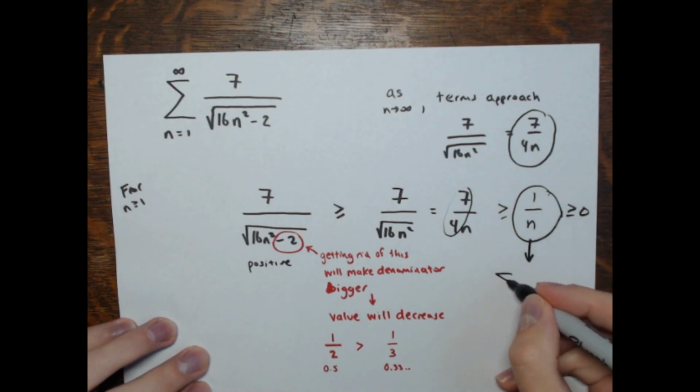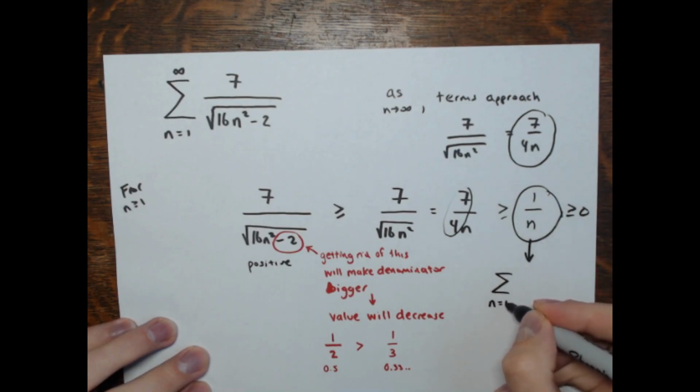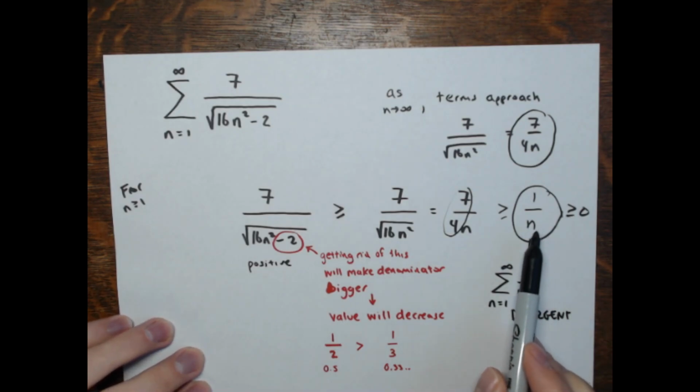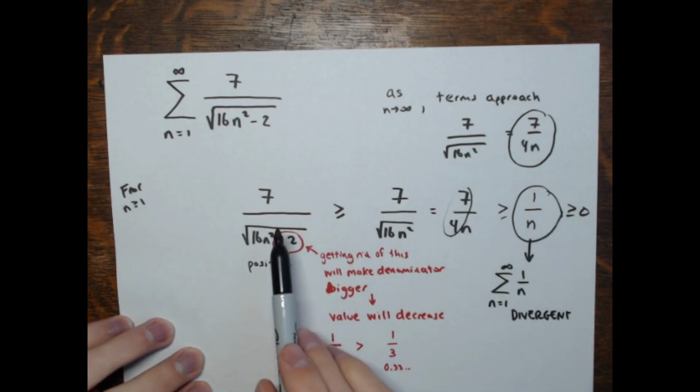Well, what do we know about this series, right? We know that the sum from n equals 1 to infinity of 1 over n, this was that harmonic series, right? This is a p-series with p 1 or less. This is divergent, right? And so we see that the sum of the smaller term series is divergent, meaning the sum of the larger term series must also diverge, right?